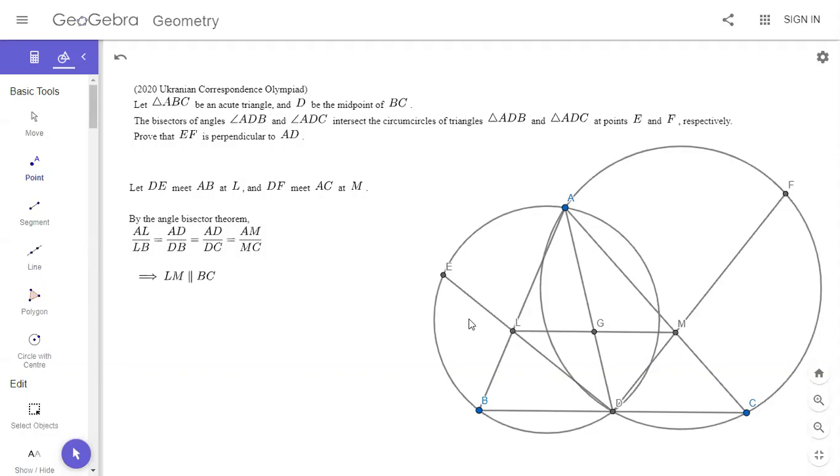And we can compute DL from this: DL is equal to root DG times DA. If we want to apply power of a point, we need DL also here.